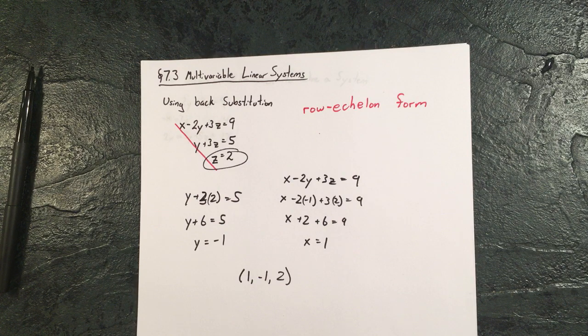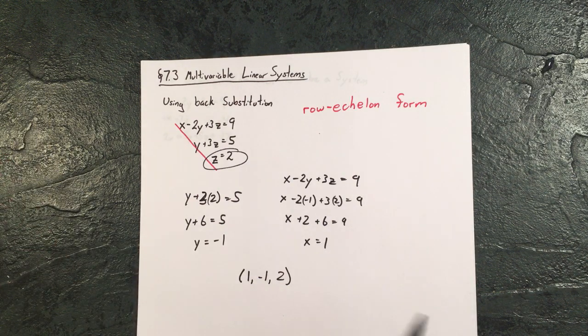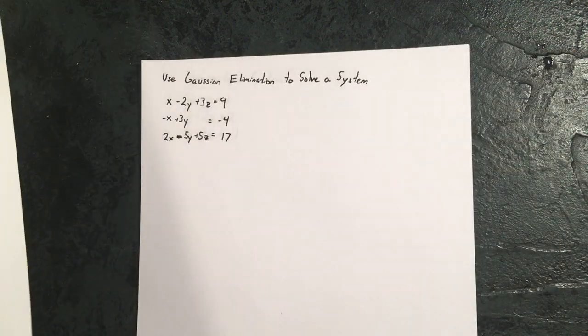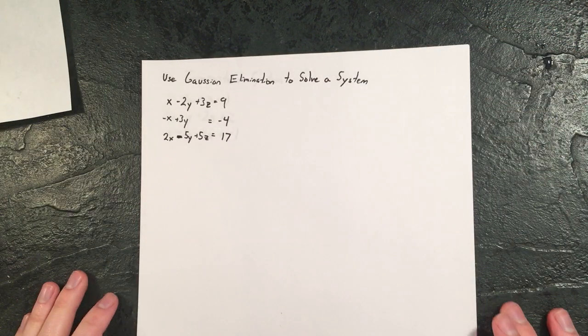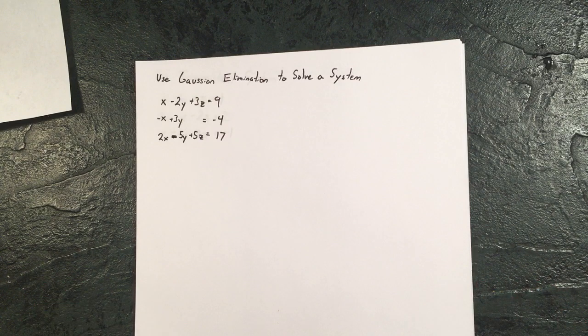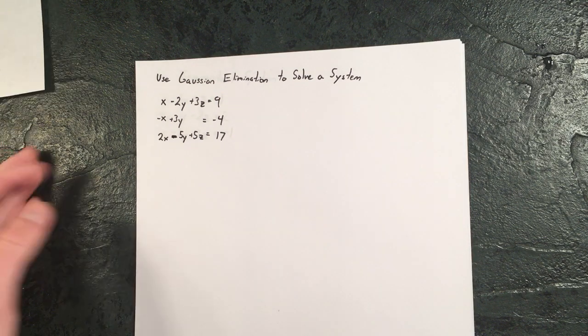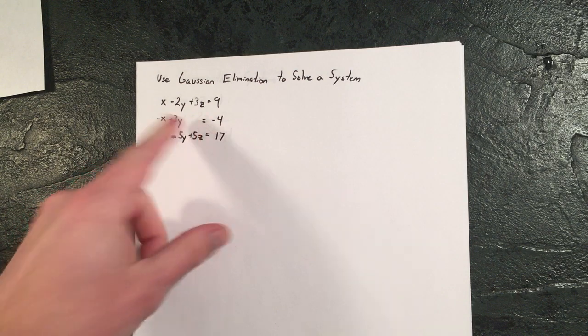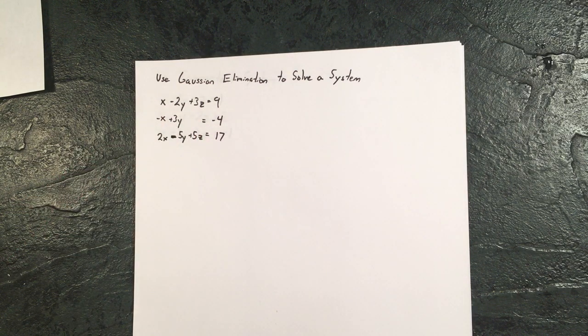So in our next question, it's not going to be nice and easy, and we're going to want to try to get it into row echelon form. Specifically, the process we're going to use is called Gaussian elimination to solve a system. So we have this big old system here. Notice we have x's and y's, and one of them is missing a z. These things will happen.